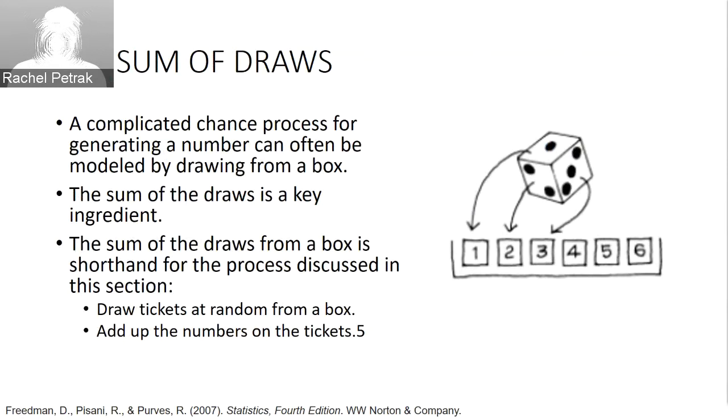You know that. And this idea of randomness in the chance process, and because the sum of draws is a direct result of the chance process, the sum of draws is a statistic we're calculating based on a chance process, it's also a random variable.